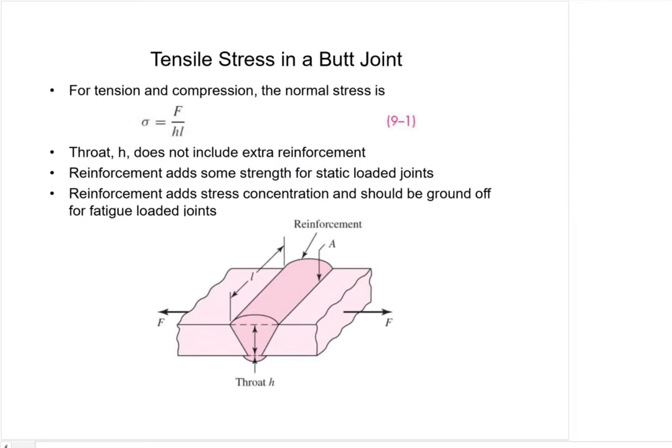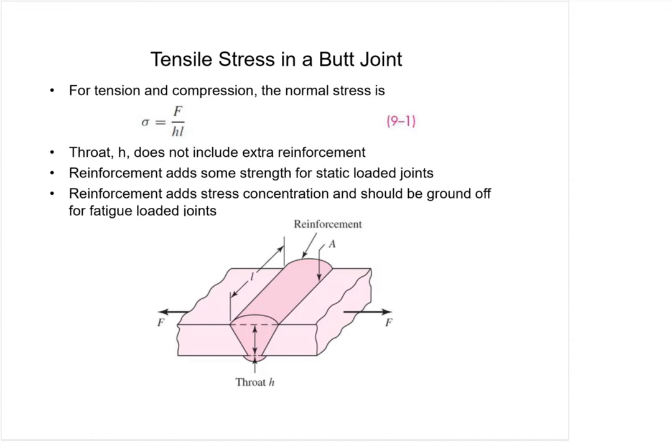Tensile stress, they get a little bit complicated later on with stresses. We're going to keep it fairly simple to tensile and shear stress in a butt joint. This is pretty straightforward. We're going to try to identify the stresses in a butt joint here.